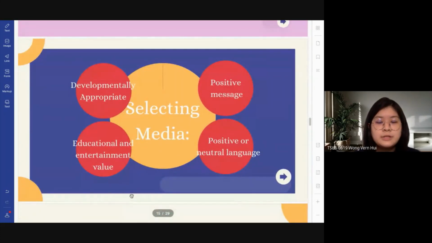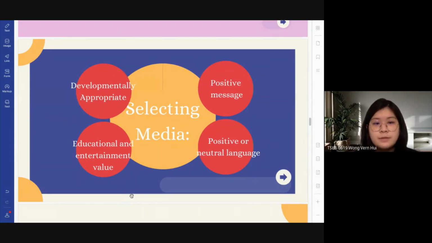It consists of 4 components that teachers need to understand. The first one is developmentally appropriate. The media and material selected needs to be helpful to be learned by the pupils. For example, we need to choose media that is appropriate for teaching common noun and proper noun. The next one, educational and entertainment value.